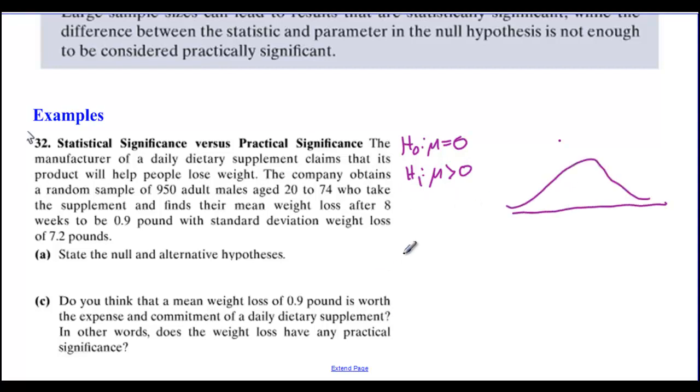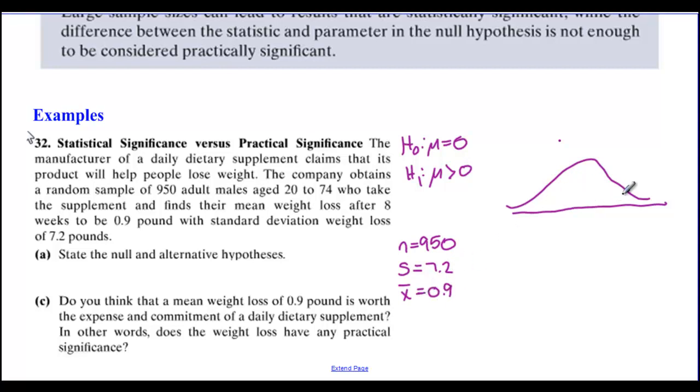So we'll go ahead and go through the entire process, even though it's not asking us to. So we're going to go through and see that n is 950. It already told us that s, our standard deviation, was 7.2, and that our x bar was 0.9.